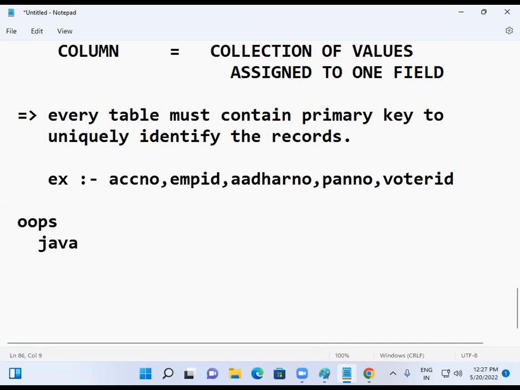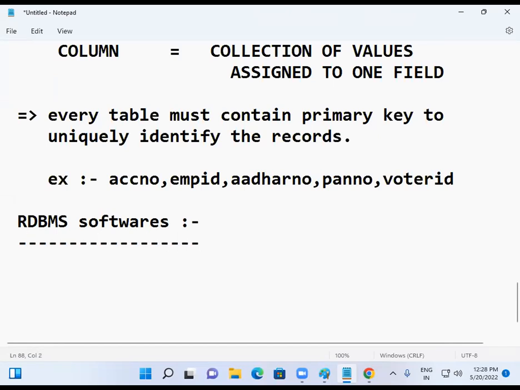Like Java, next C#.NET, next C++. What are these? All these programming languages implemented the features of OOPS. Similarly, RDBMS is a theoretical concept introduced by E. F. Codd. What are the softwares that implemented the features of RDBMS?